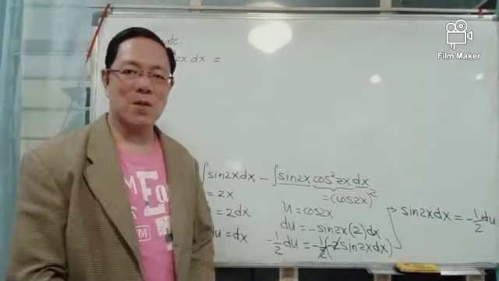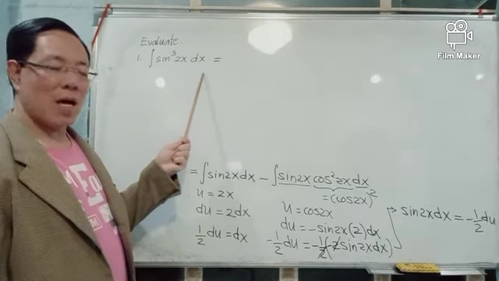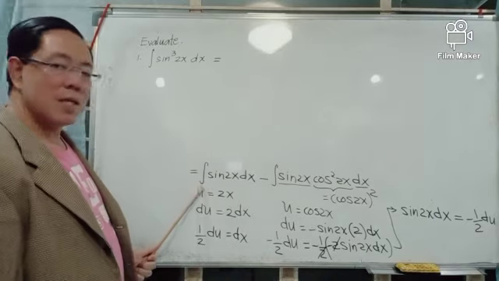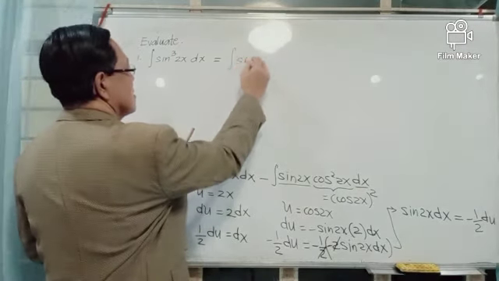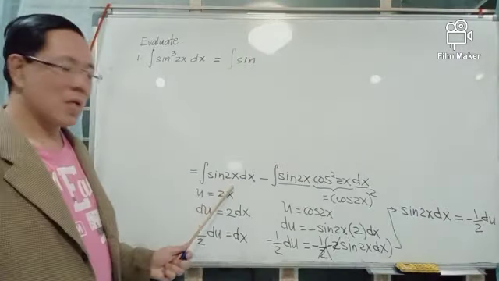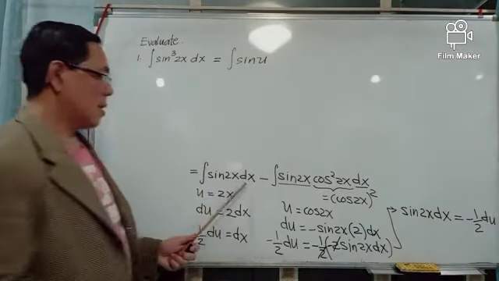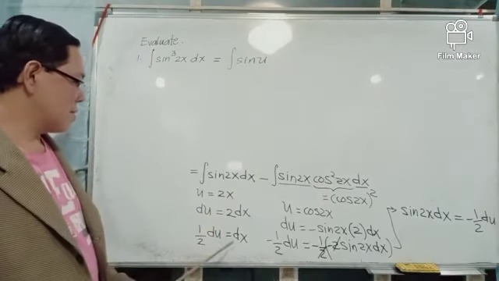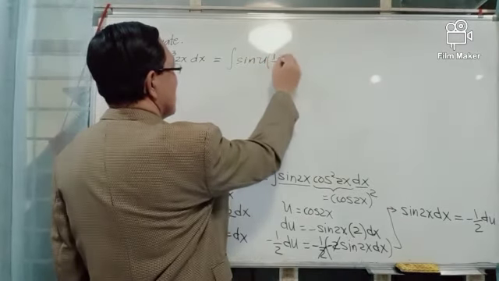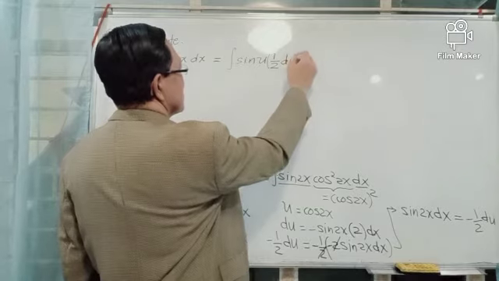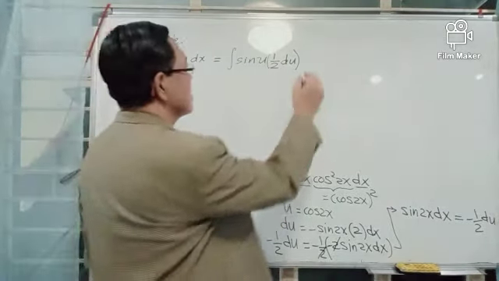Now do the substitution. The integral of sine cubed 2x with respect to x is equal to the integral of sine u, where 2x we replace with u and dx we replace with 1/2 du, multiplied by 1/2 du, minus the integral.